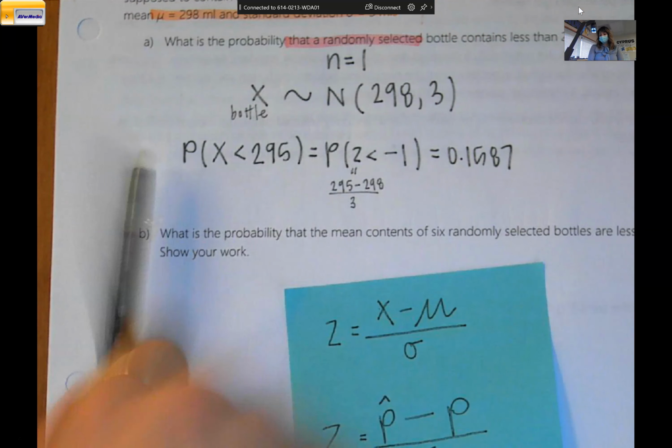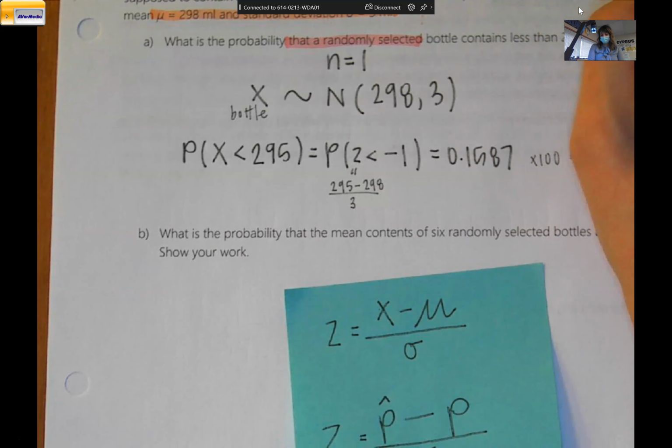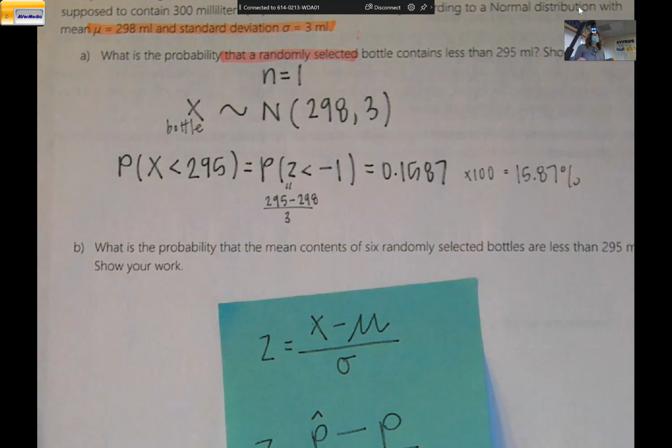If we want to write that as a percent, we can times it by 100 and get 15.87%. So it is plausible we would get a bottle that has less than 295. 16% of the time, we will get a bottle that's less than 295.